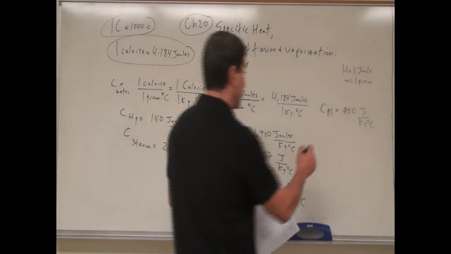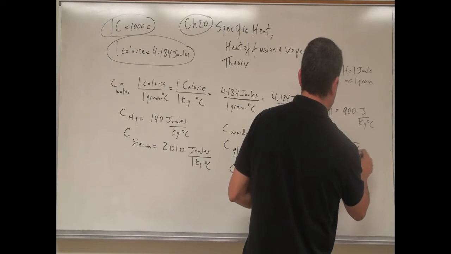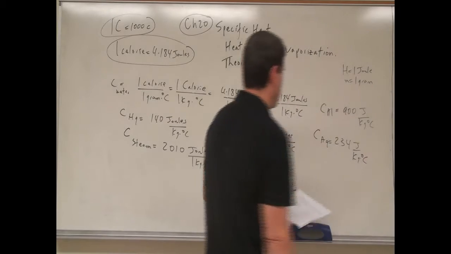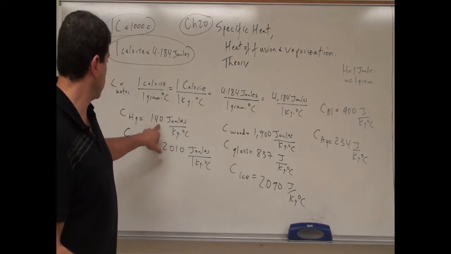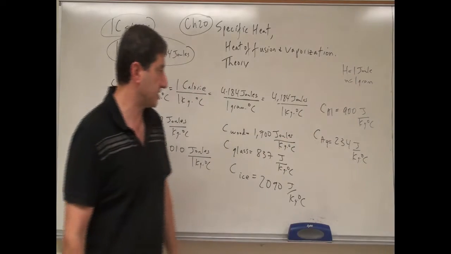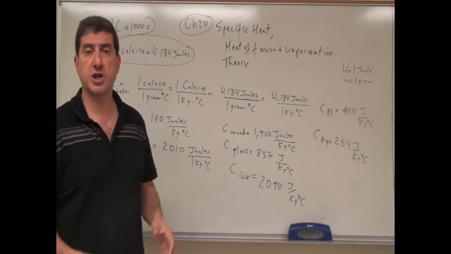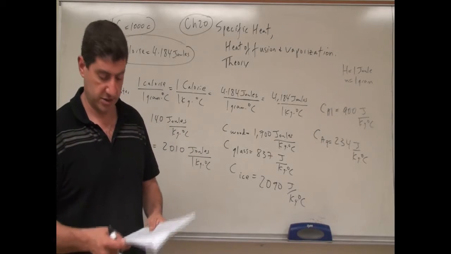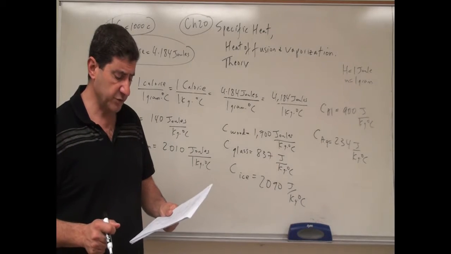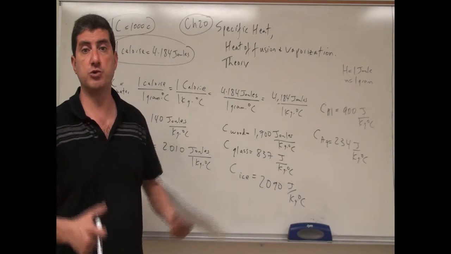The specific heat of silver is going to be 234 joules per kilogram Celsius. So now silver is going to be a little bit more than mercury. So you can see that the metals, aluminum and silver, are going to be very, very small, and they tend to change their temperature a lot, right?